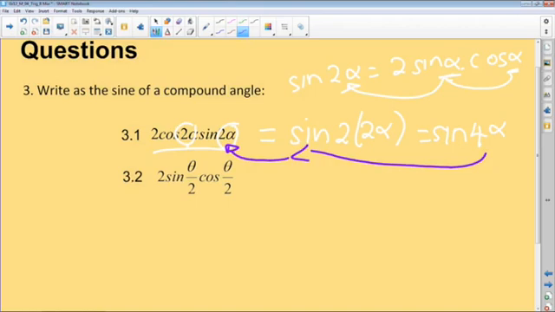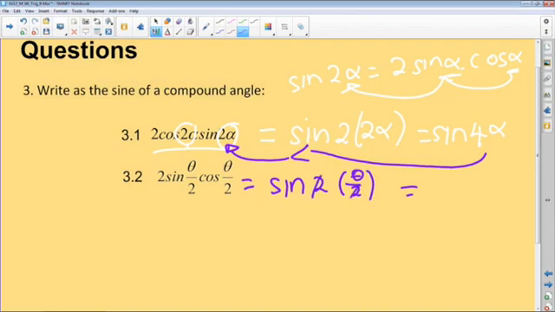Similarly, 2 sine theta over 2 cos theta over 2. Using my expansion, it will be sine of 2 times the angle, which is theta over 2. So 2 times a half theta, because theta over 2 is really just a half theta.